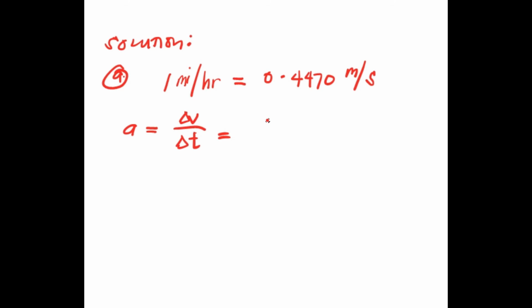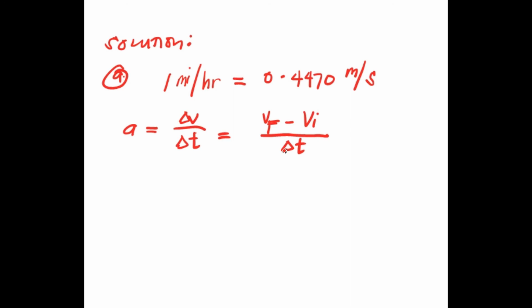We can also write this as the final velocity minus the initial velocity all over the elapsed time t.